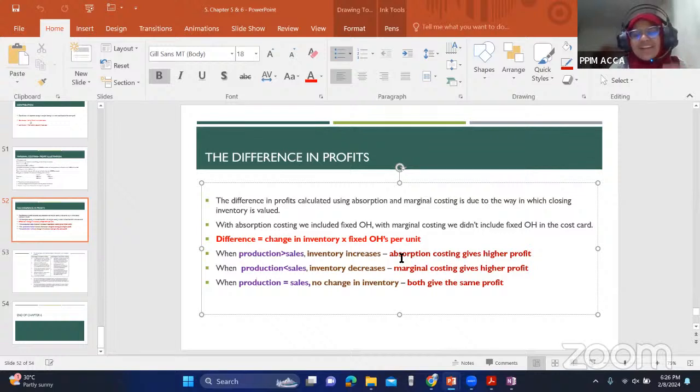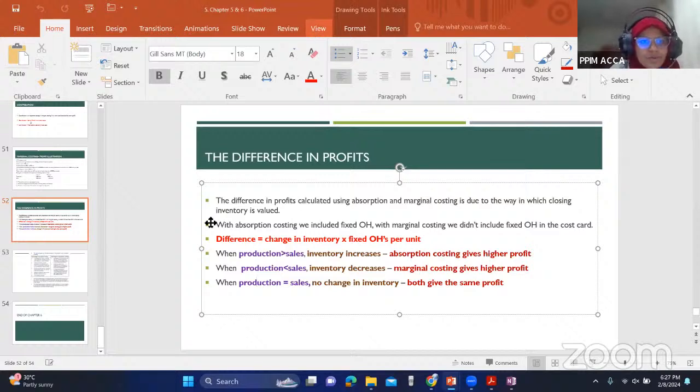So if you're finding it difficult to understand the logic, which obviously you might have gone through during your lectures, just remember these rules. If inventory increases, absorption gives higher profit. If inventory reduces, marginal gives a higher profit. If you remember that, that is more than enough to tackle any question in the MA syllabus.